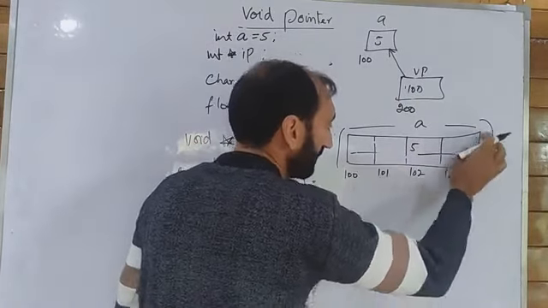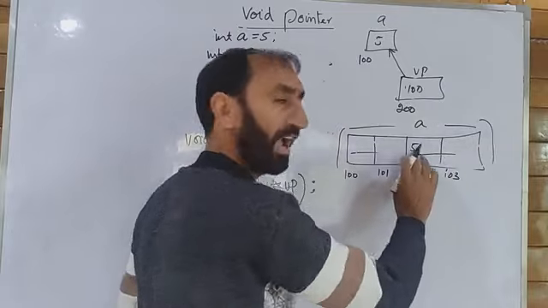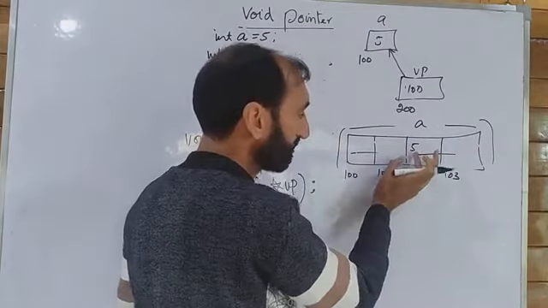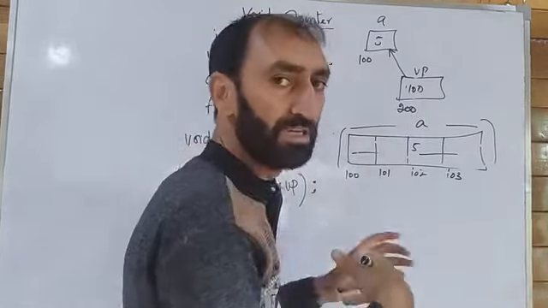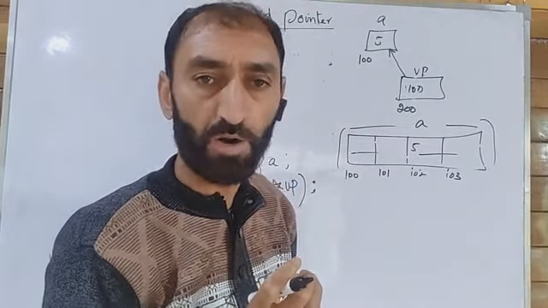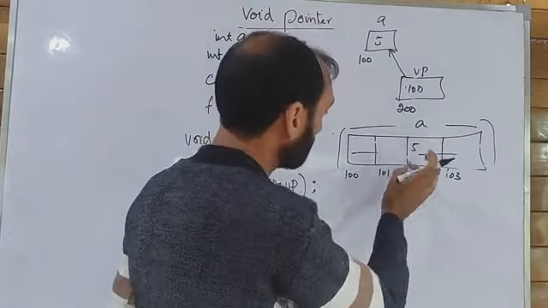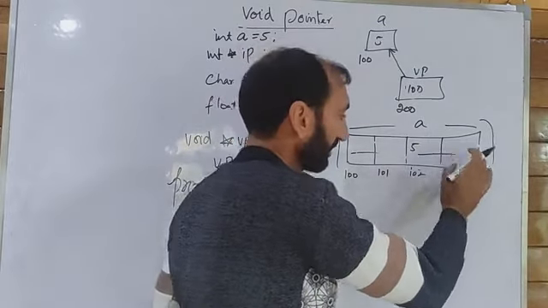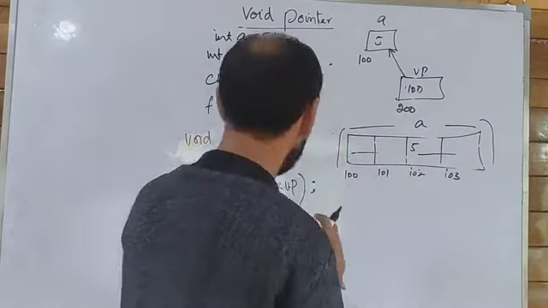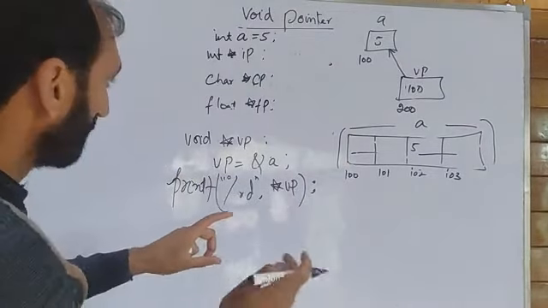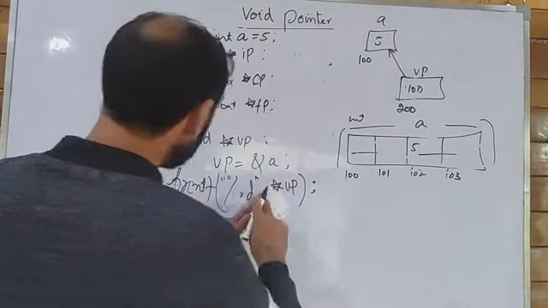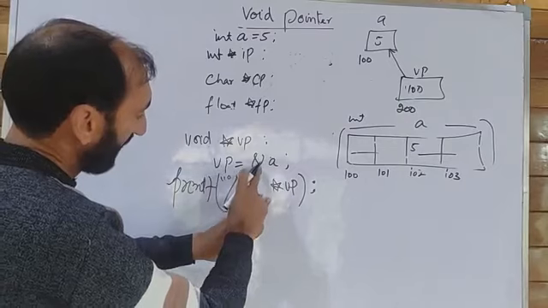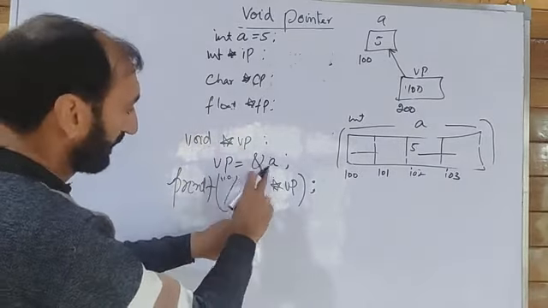Memory stores values in binary format. Since it is an int, we start from the VP pointer with the address of a.